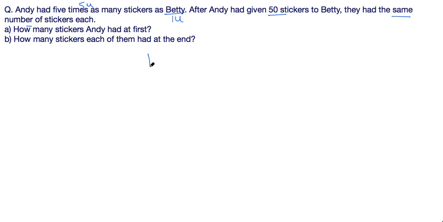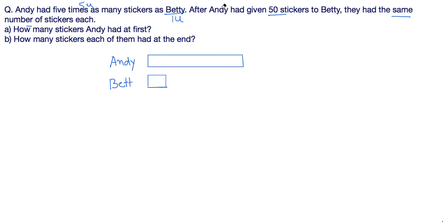So let's say this one is for Andy. Okay, we have to draw it quite long because Andy is 5 times that of Betty, and Betty has to be very small, right, because she is only 1 unit. So let's write it. So this is Andy and this is Betty, right?